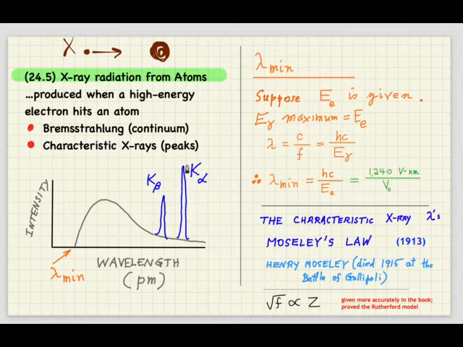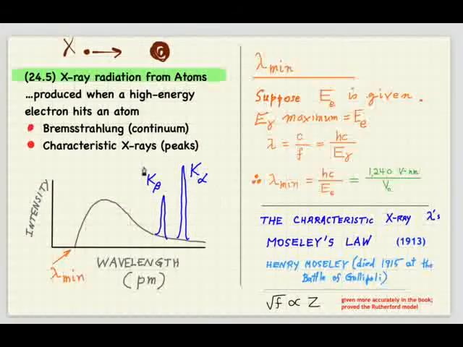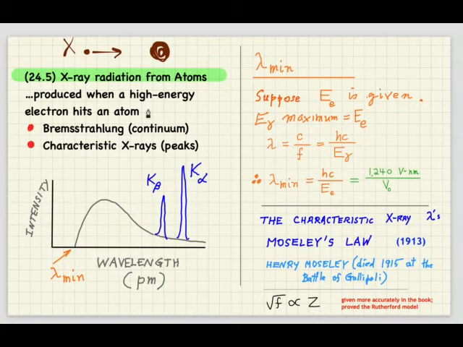In the book, they'll explain there's a group called the K-alpha wavelength and the K-beta wavelength. And then there is also another group called the L-alpha and L-beta wavelength. So there are a number of wavelengths of X-rays produced by an atom. The minimum wavelength, which is to say the highest energy photon, is determined by the energy of this incoming electron, which is colliding with the atom.